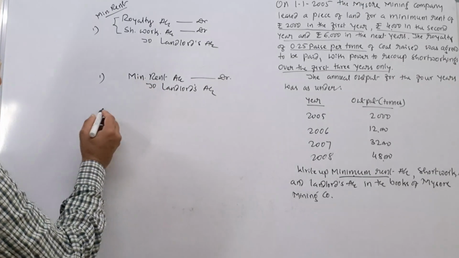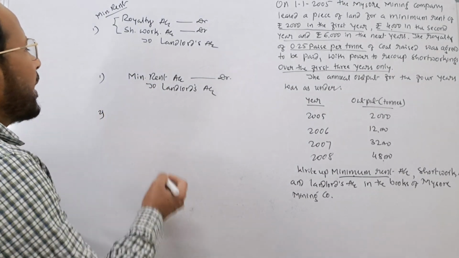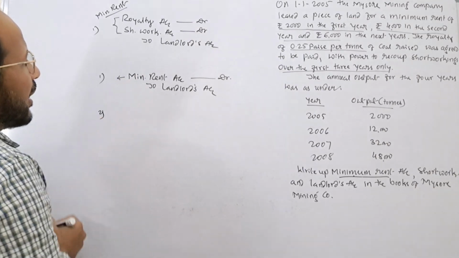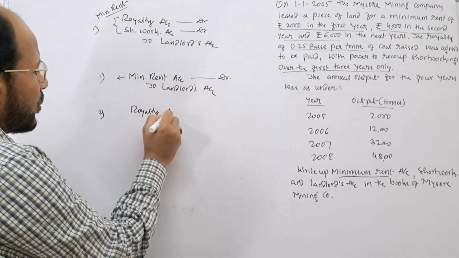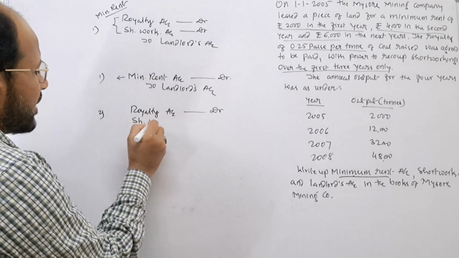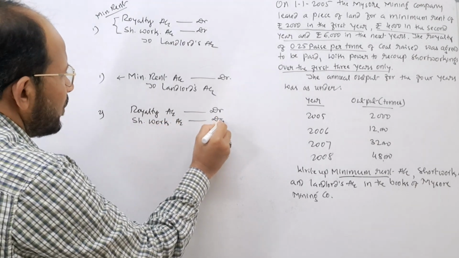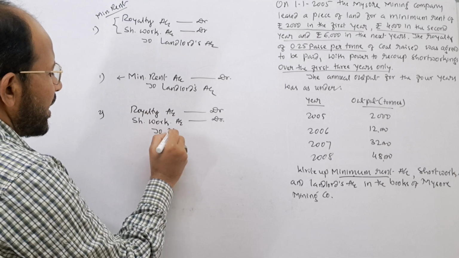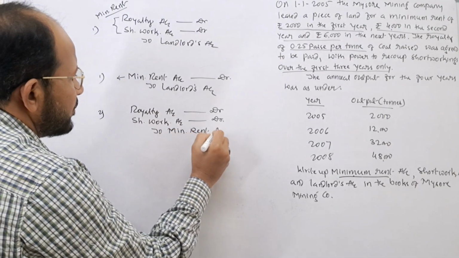Then the next journal entry, in order to close the minimum rent account, we take royalty and short workings. Royalty account is debited, short workings account is also debited, to minimum rent account.